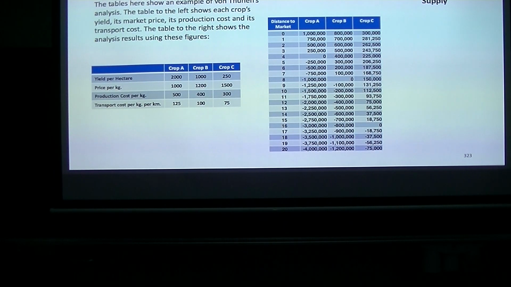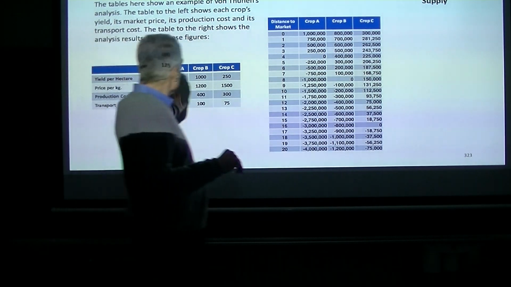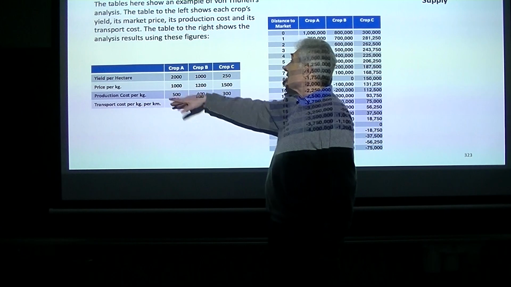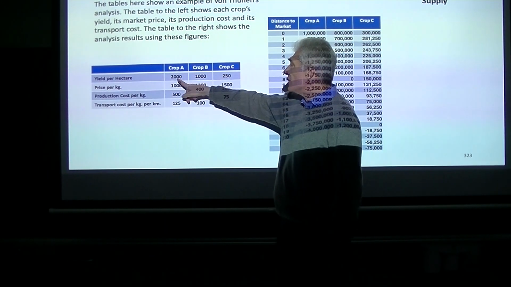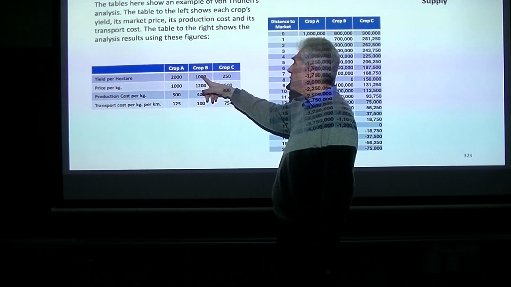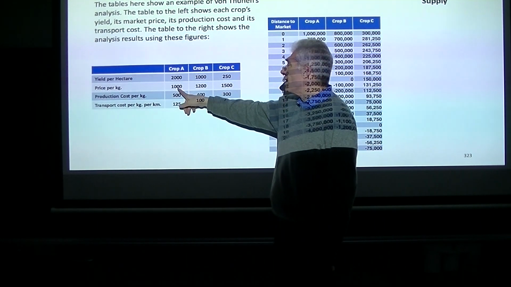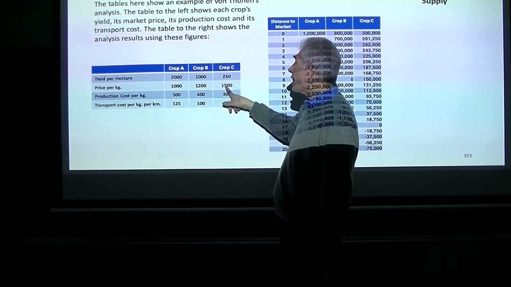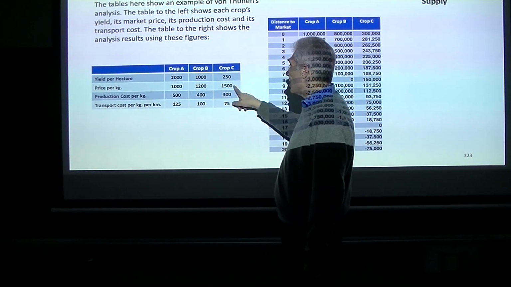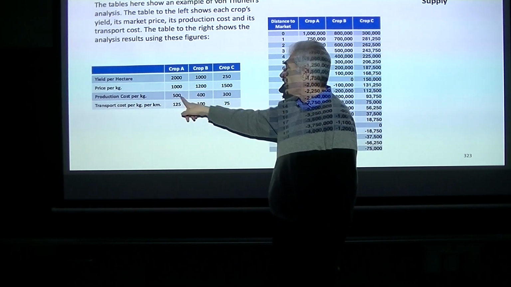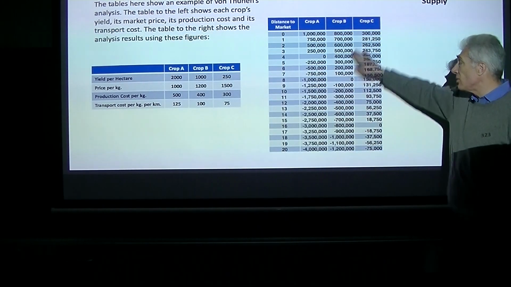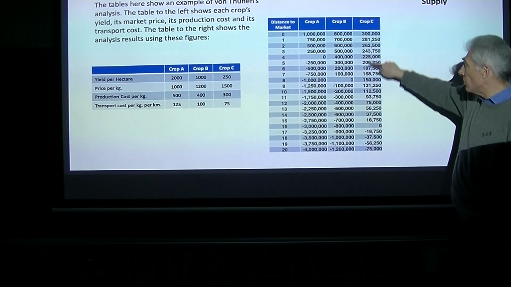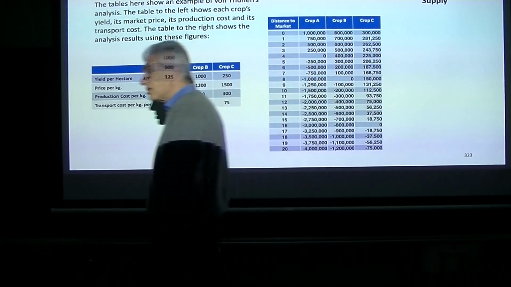This is an example of von Thunen's analysis. When you run these numbers, you put this on a spreadsheet. You have yields for 3 crops: high yield, medium, low yield, and high price, higher price, highest price. So with price, production costs, and transport costs, you can work out where each product is located.